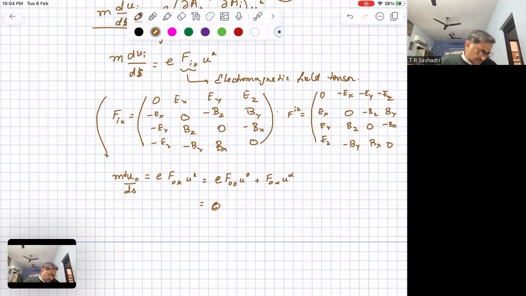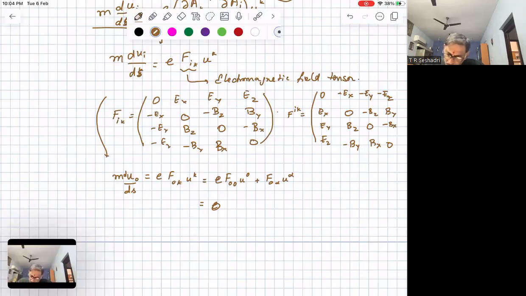Is it correct? Okay, so now this will be equal to what?